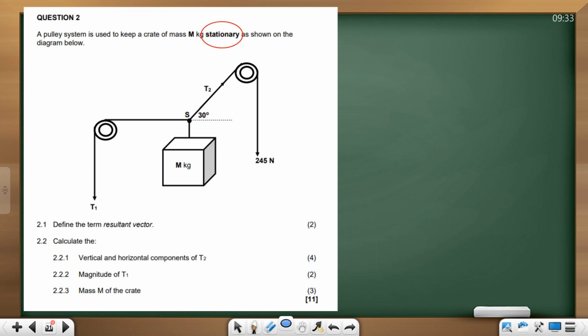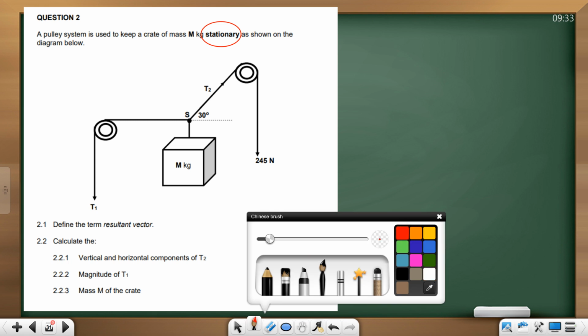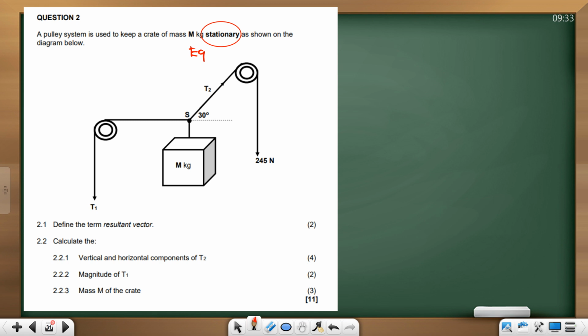For an object to be stationary, it means we're talking about an equilibrium system, and when we are talking about an equilibrium, our net force is zero. That's my interpretation so far.